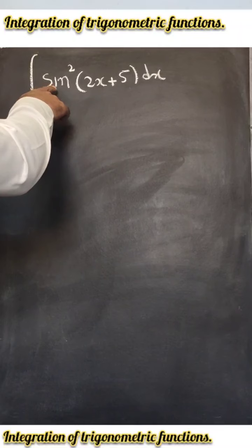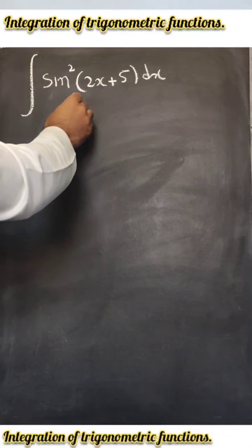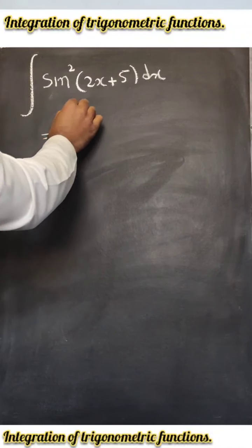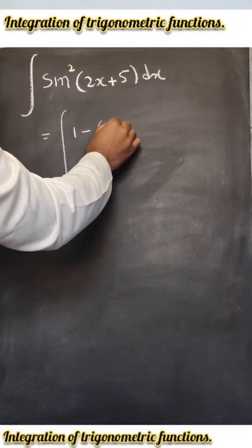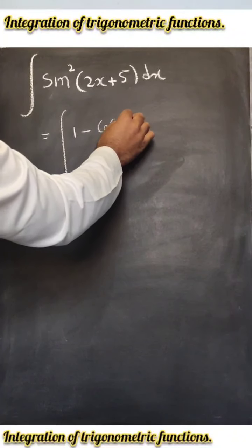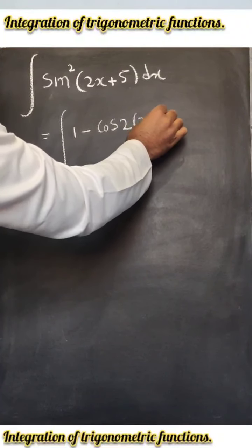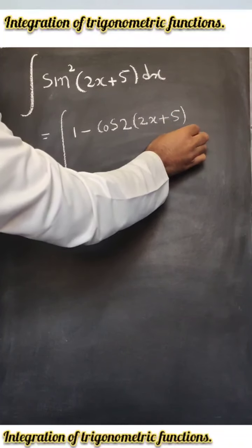Here we have to find integration of sine square 2x plus 5. We can write sine square 2x plus 5 as 1 minus cosine of twice 2x plus 5 whole divided by 2.